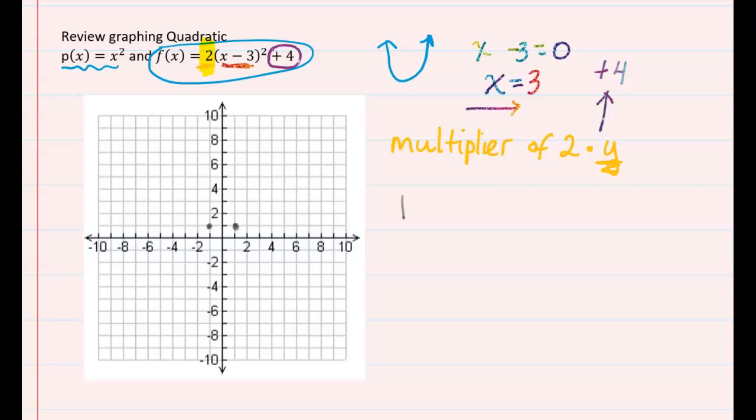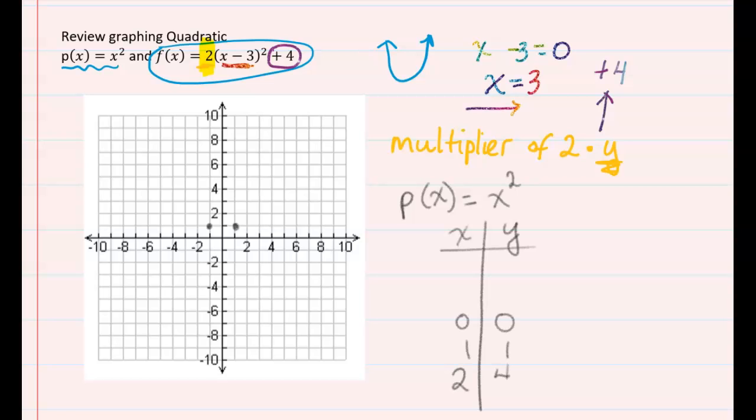So let's take a look at the parent function p of x, where p of x is equal to x squared. From our list of parent functions, we know that we should have points of (0, 0), (1, 1), (2, 4), because 2 squared is 4, and we can also probably squeeze in (3, 9). Also notice that we can pick negative values.